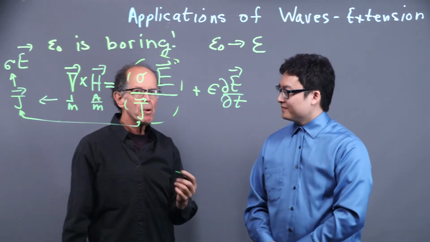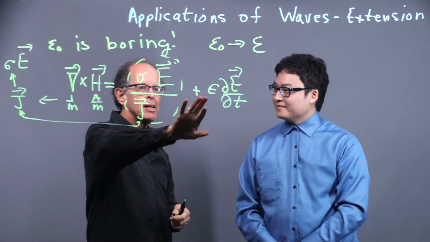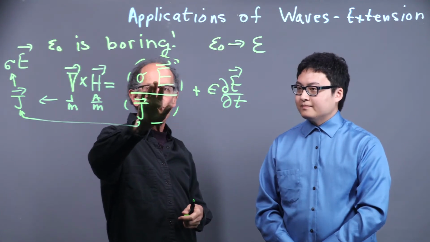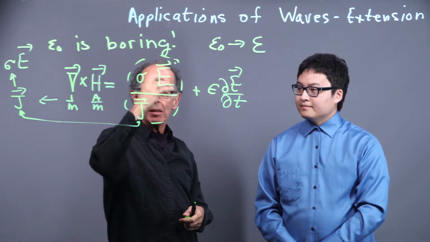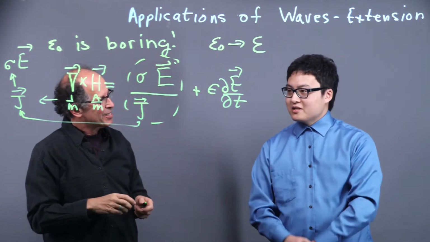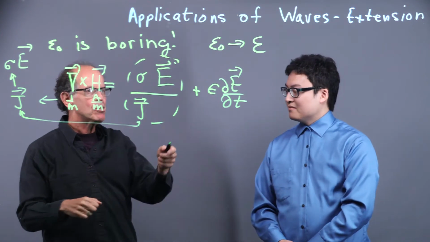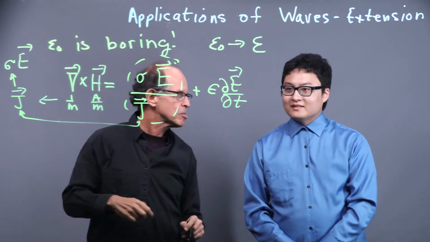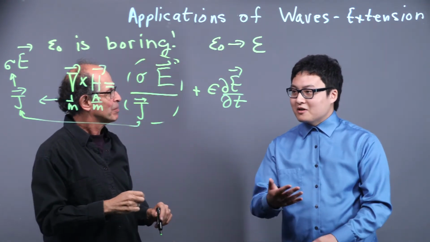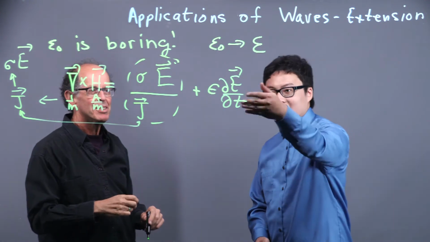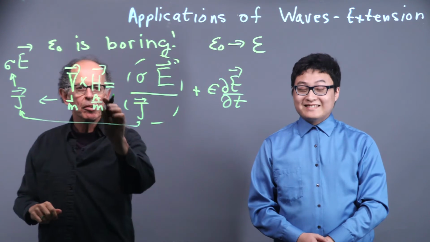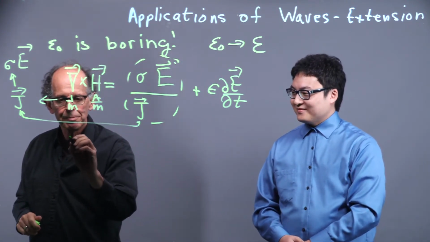Now, if we want to see how epsilon changes when we introduce sigma in here, what's the next step? Why don't we just put them together and see what happens? But in order to put them together, I've got to eliminate this time derivative here. Then let's go to phasor form.